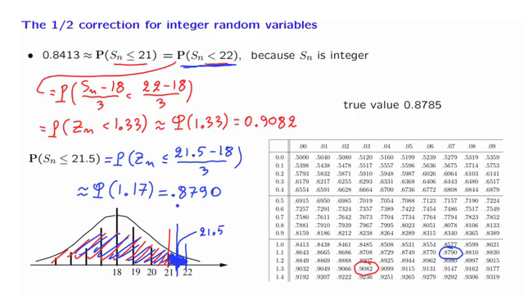And now we notice that this value is remarkably close to the true value. It is much better as an approximation than what we obtained using either this choice or that choice. And since this approximation is so good, we may consider even using it to approximate individual probabilities of the binomial PMF. Let's see what that takes.